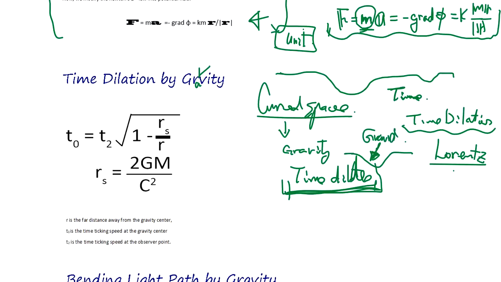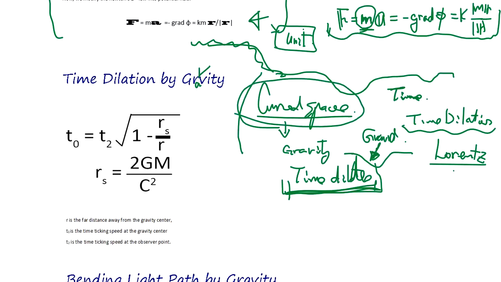So after he made a model to explain all the nagging questions in Newton's mechanics using curved space, the space is curved in such a way by gravity and time. Okay, this time dilation came up.